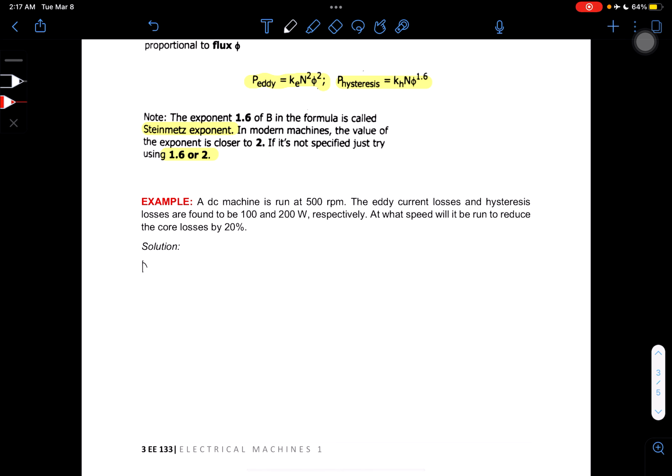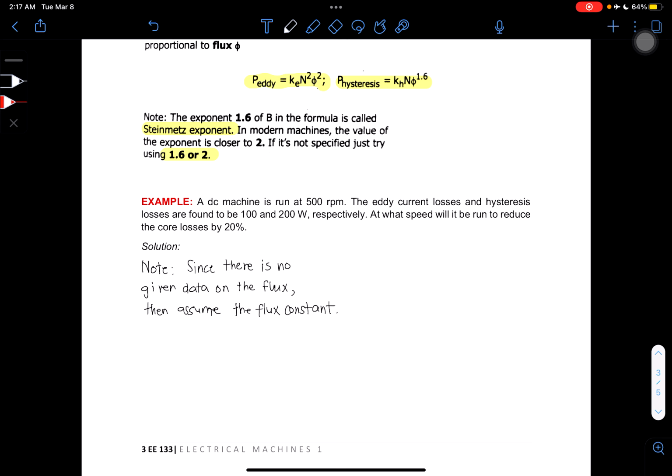So take note, since there is no given data sa ang flux, then i-assume nato the flux is constant. So wala may given, therefore we assume nga our flux is constant.